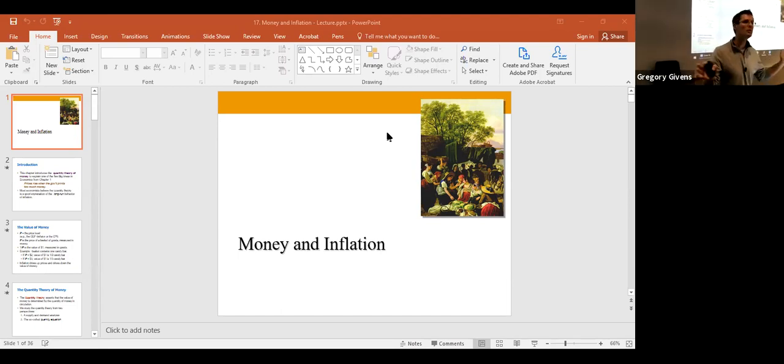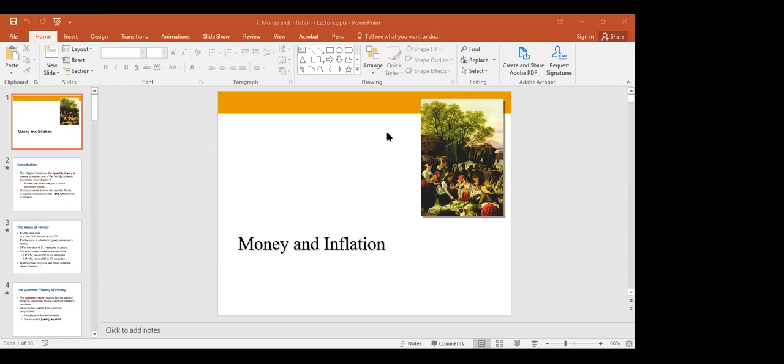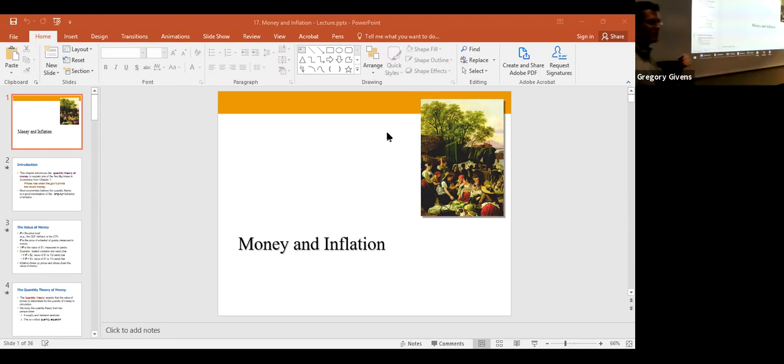Now, just as a quick review question, what is inflation? What's the definition of inflation? How do we compute it? You guys remember? How does it differ from the overall level of prices, or the cost of living? A country's inflation rate measures the growth rate of the general level of prices over time, right?